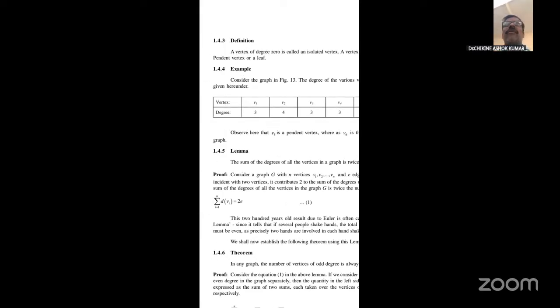If a vertex has only one edge, that is called a pendant vertex or a leaf.